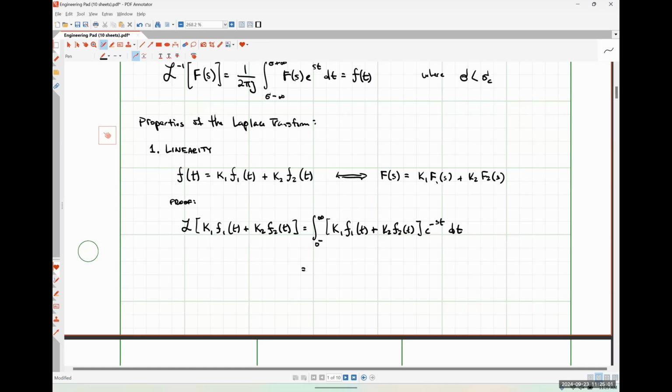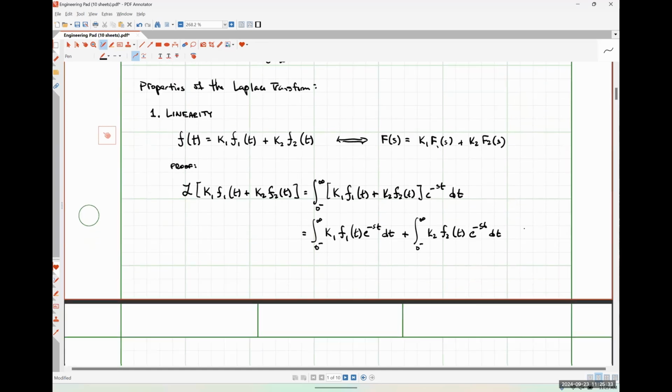Because my integral operation is a linear function, I can just effectively split this up into two distinct integrals. So I'll have an integral from 0 minus to infinity of k1 f1 of t e to the negative st dt, plus an integral from 0 minus to infinity of k2 f2 of t e to the negative st dt.